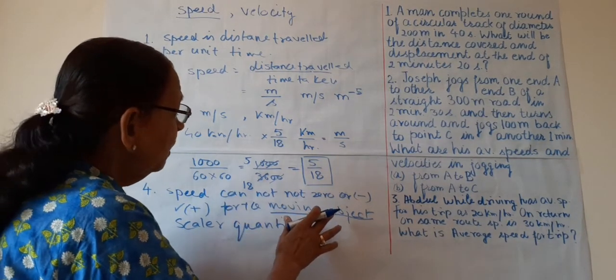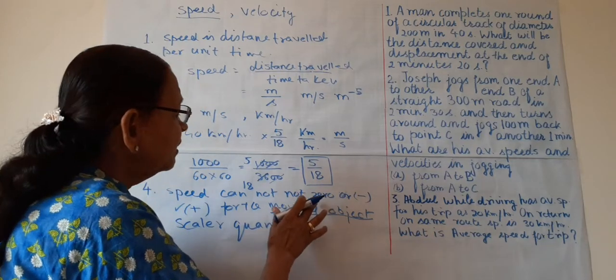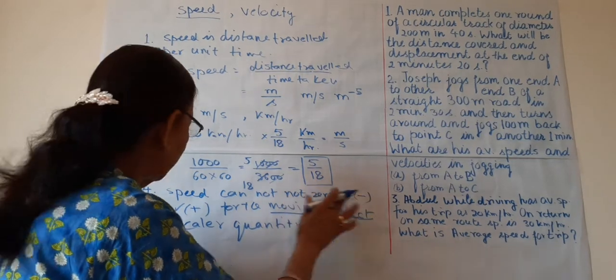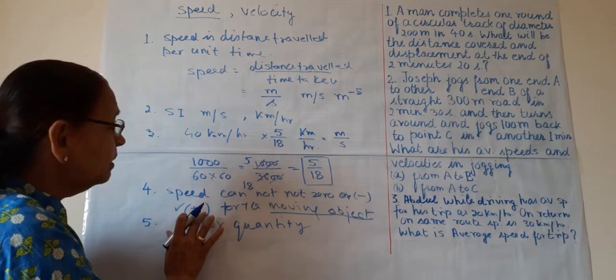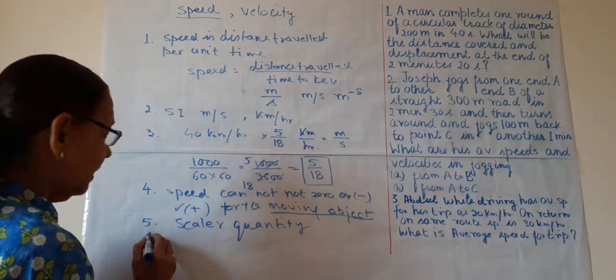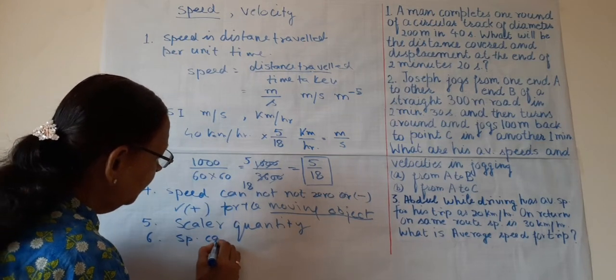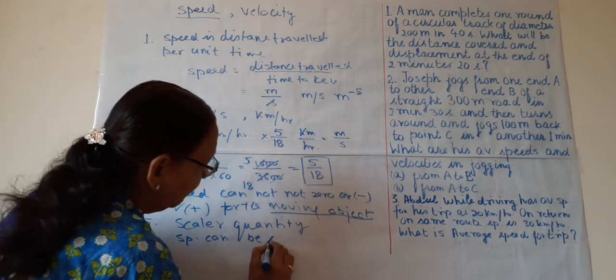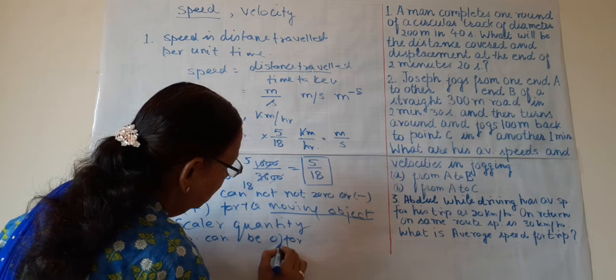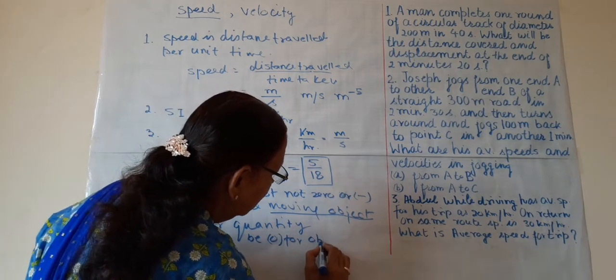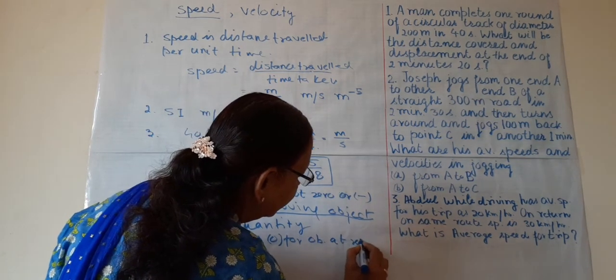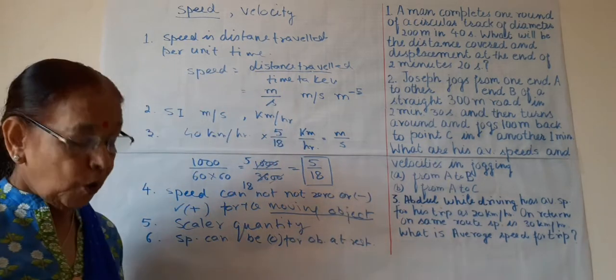But for a moving object, speed cannot be zero or negative. It is always positive. So we can write the next, speed can be zero for an object at rest, when it is not moving.